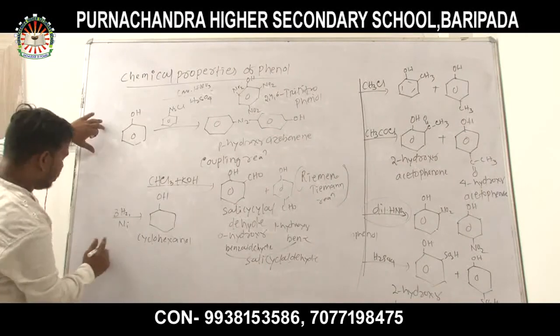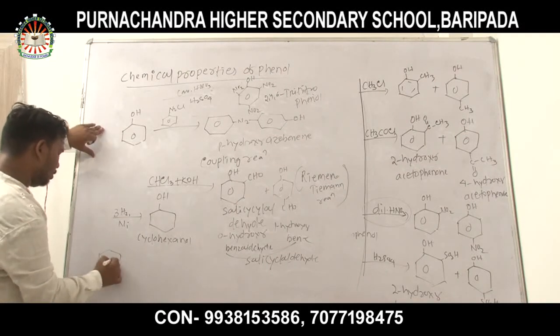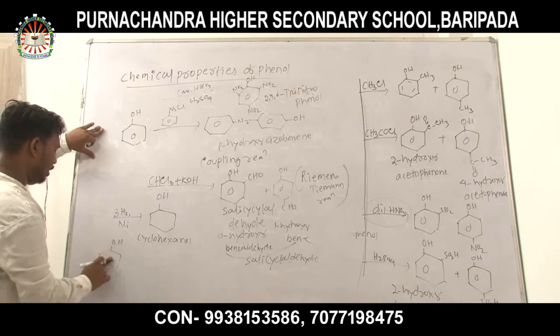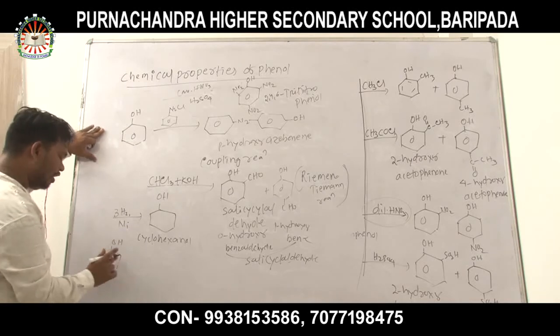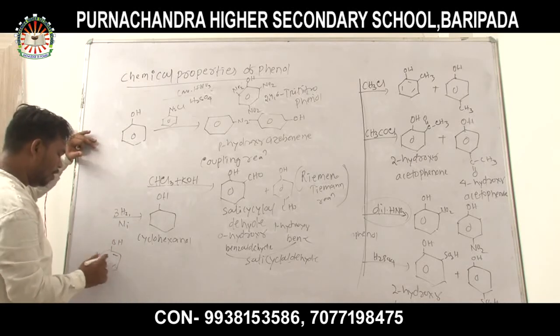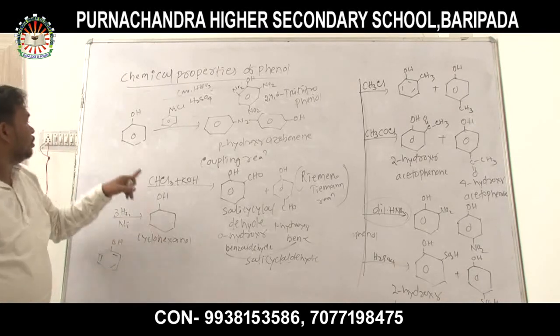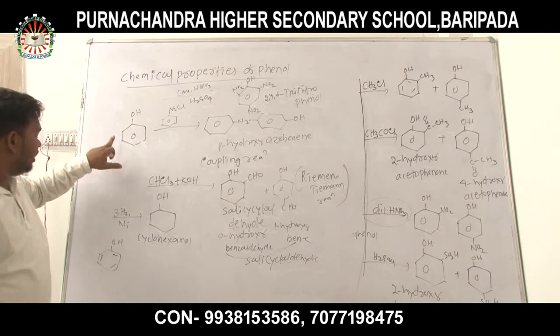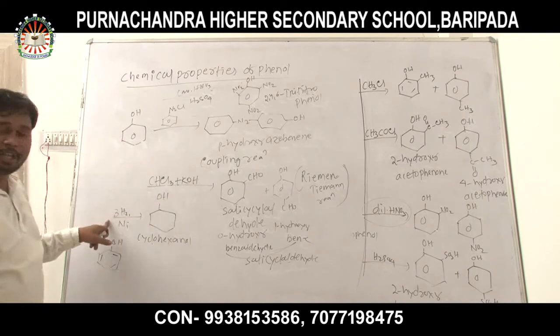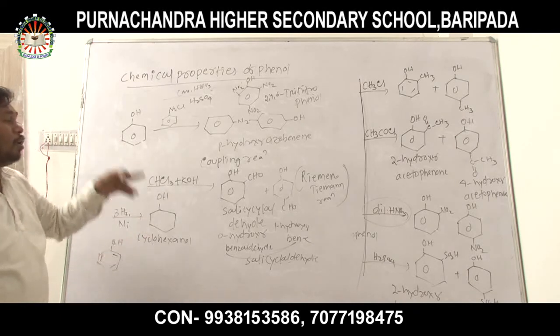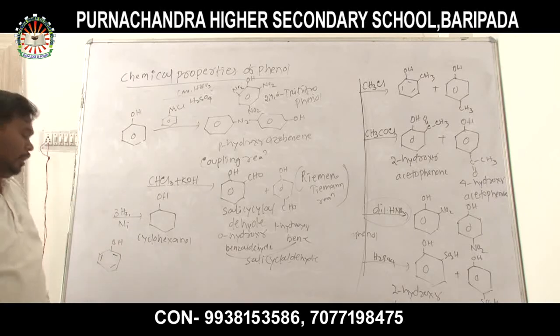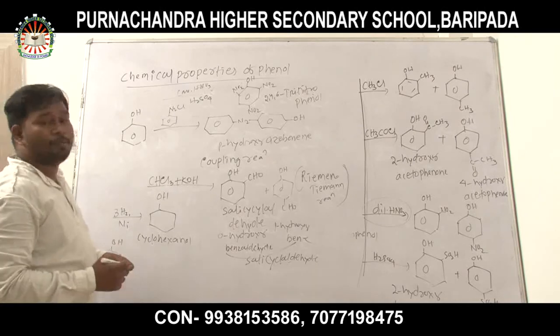Because in a reduction reaction, hydrogen is added across the double bond and it is converted to a single bond. So when phenol undergoes reduction in the presence of a nickel catalyst, cyclohexanol is formed. This is all about the chemical properties of phenol.